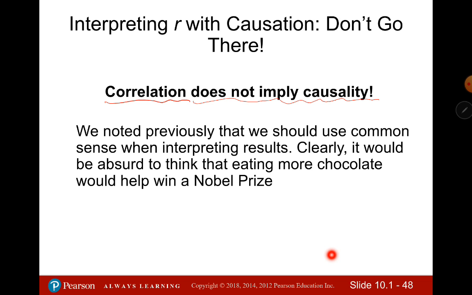There is a linear correlation between the chocolate consuming and the Nobel Prize. But it doesn't mean if we consume more chocolate, then we have more probability to get the Nobel Prize. Right? If you think that's the cause and effect, that will be ridiculous. So we will say the linear correlation does not mean the causality.